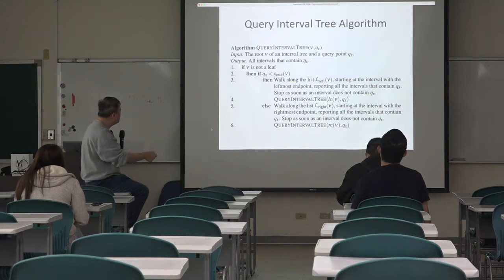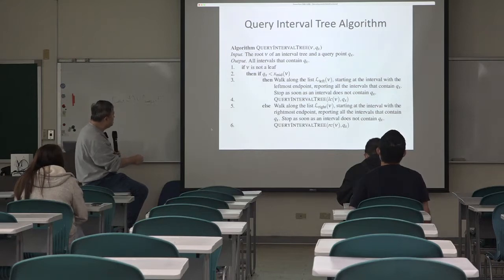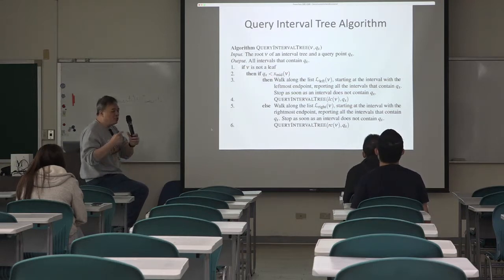That will be our input. The output will be all the intervals that contain qx. Basically, you first compare qx with x mid, which is stored in the root, and based on the result, you know exactly one subtree to get rid of.